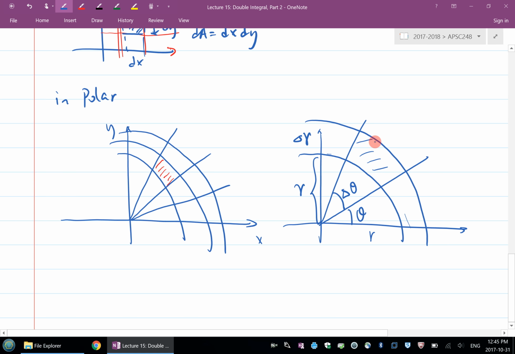Okay, so now I'm gonna focus on the differential area here, the area differential for this small region. Now this is a very small region.